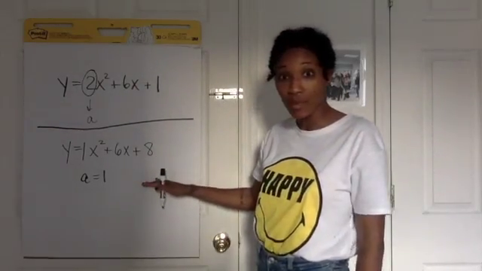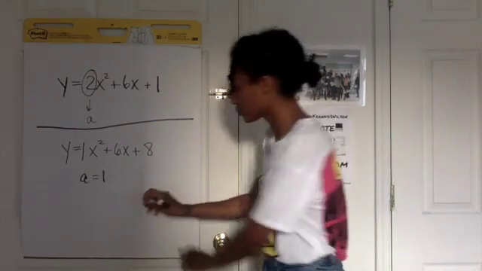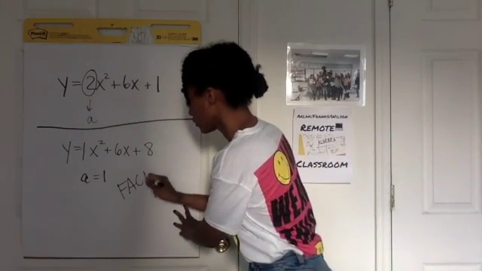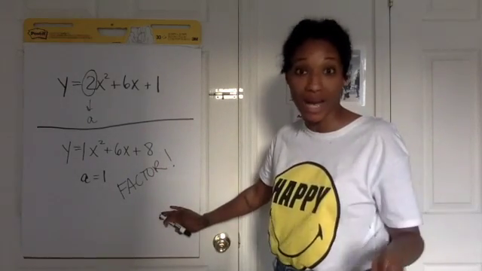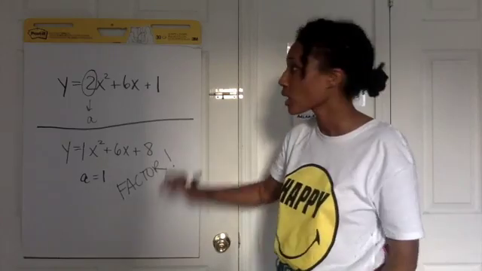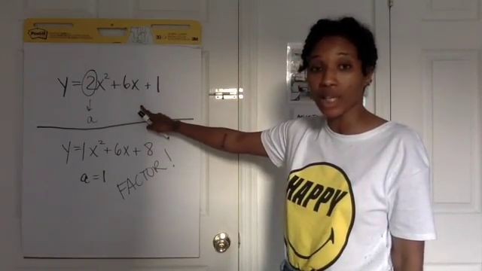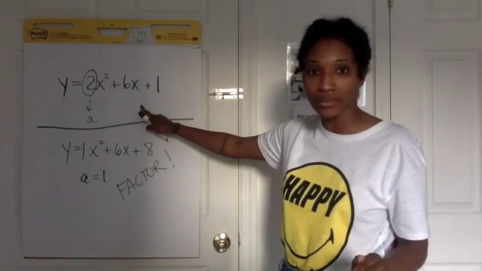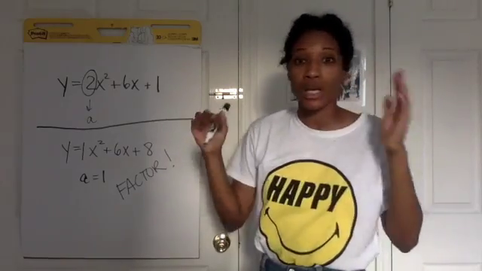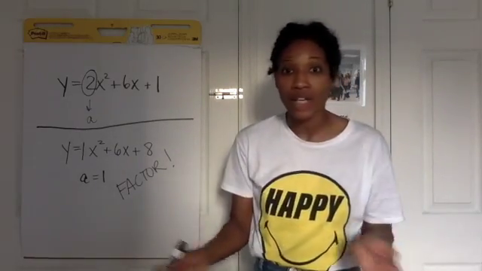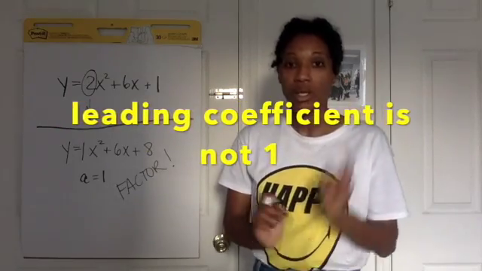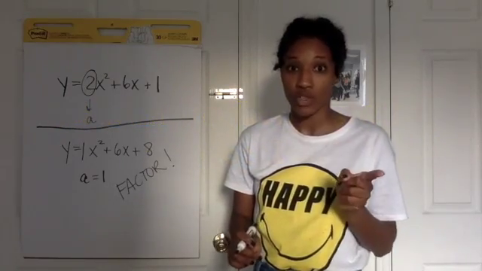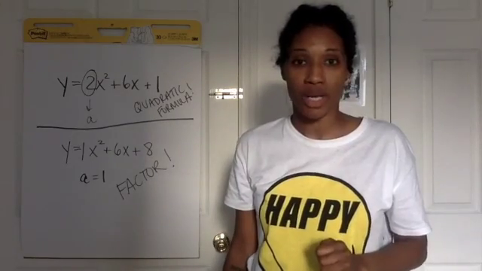So for the example where the leading coefficient is 1, we can factor. You know how to factor. You fill in your blanks. But for this example, where the leading coefficient is not a 1, it's a 2, it could be a 3, it could be a 1.5, it could be a negative 3. If your leading coefficient is not 1, you guessed it, you're using the quadratic formula.